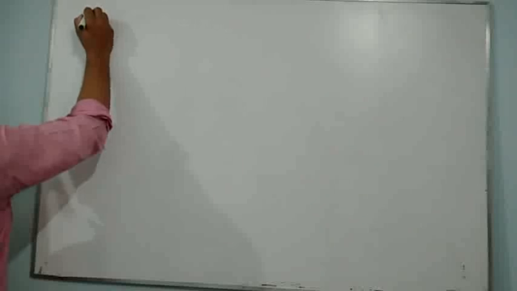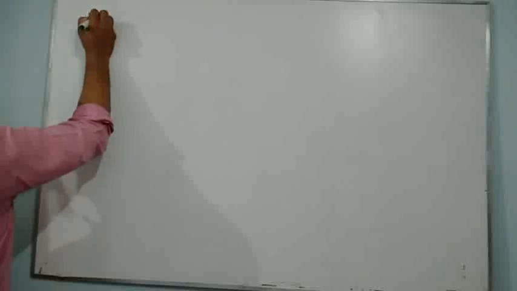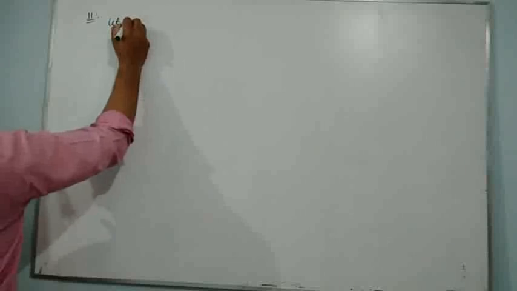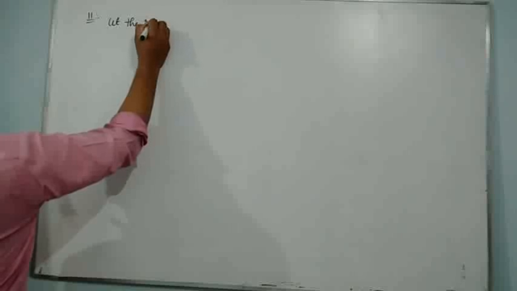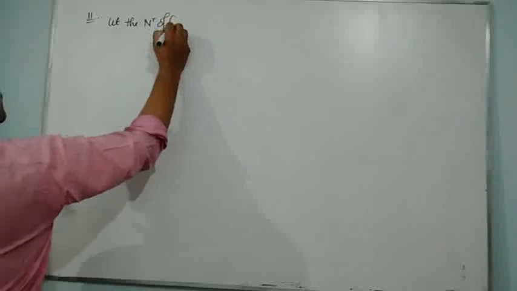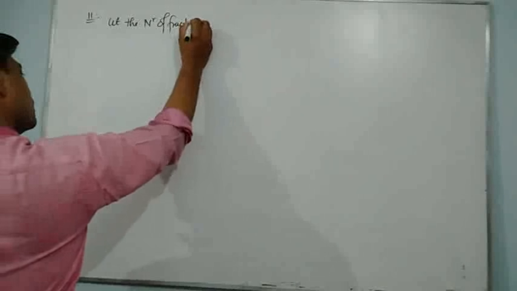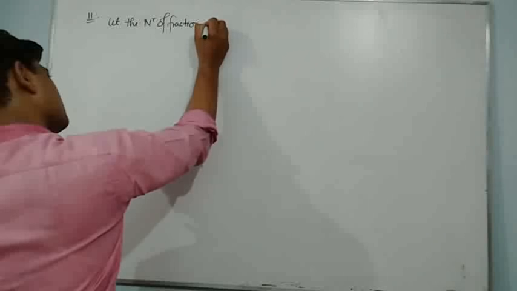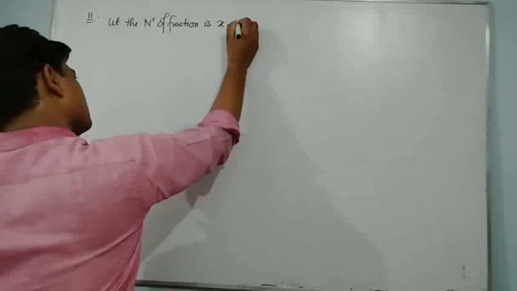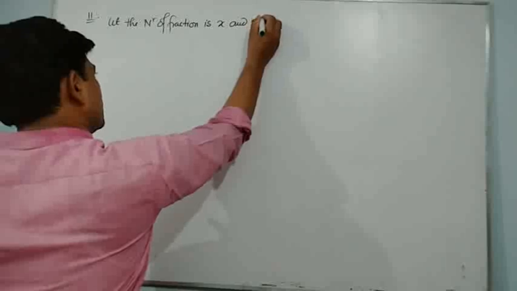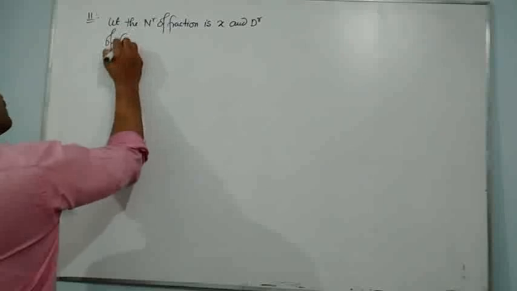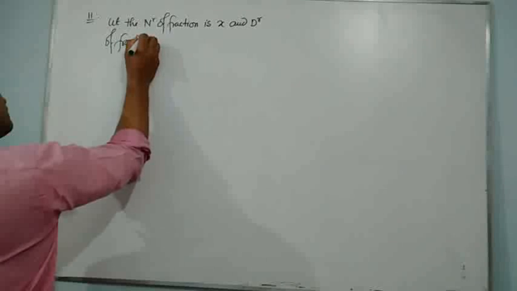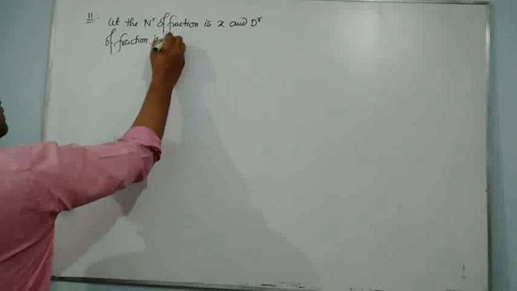Now, so what I told you, we will write: question number 11 I am doing. Let the numerator of the fraction be x and the denominator of the fraction be y.